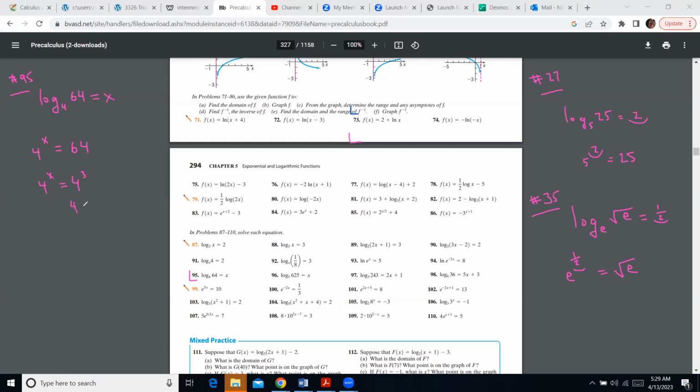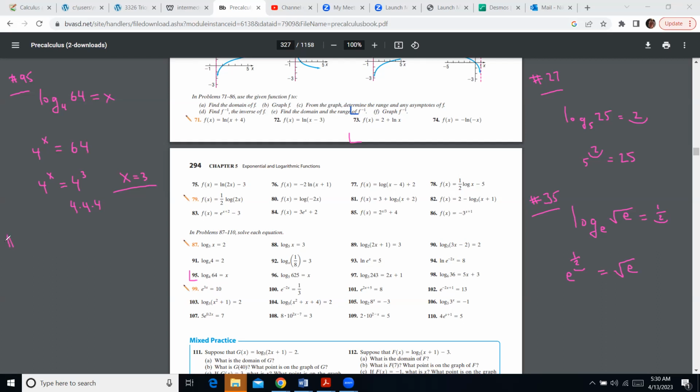If you multiply 4 with 4, it's 16, and then another 4 will give you 64. So your x is equal to 3. Notice the power has to be 3 to give you 64. So the point is that in all of these exercises, you want to make the logarithm disappear. And that's the key idea.